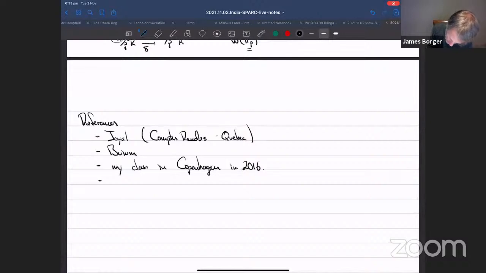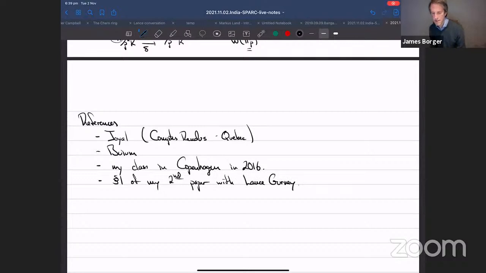Also, section 1 of my second paper with Lance Gurney. This is on the arXiv. I can't remember what the number is. We have two; it's the second one.